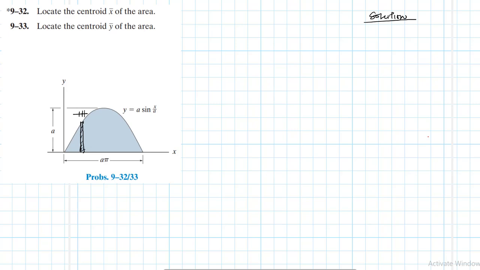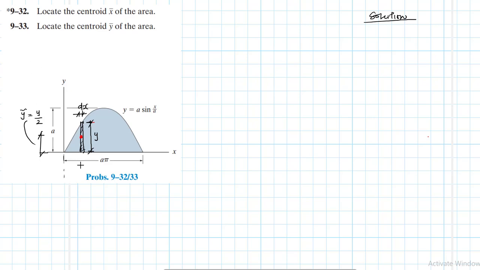The thickness of this very small piece we are calling dx, and its height, governed by this function, is y. The centroid of this small piece along the y direction, we are calling y curled, is just equal to y divided by 2.